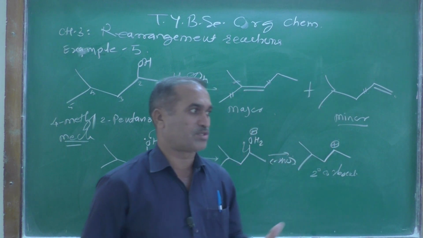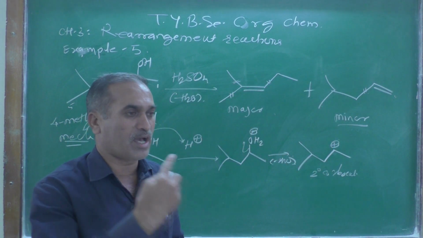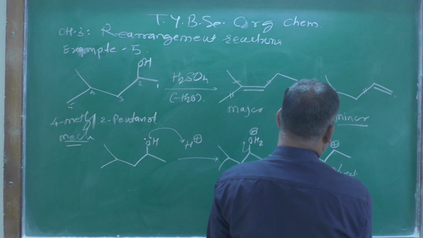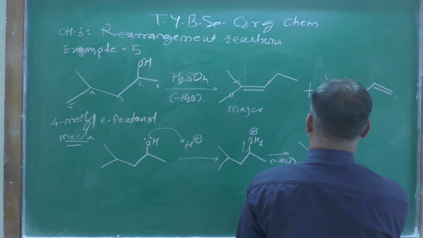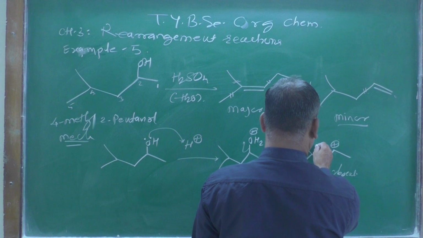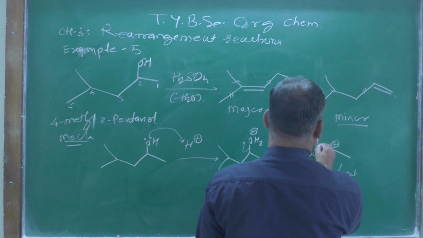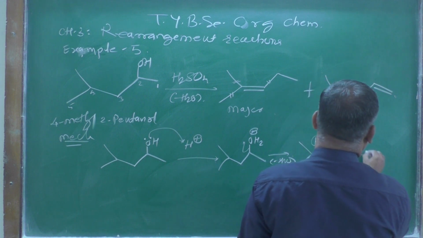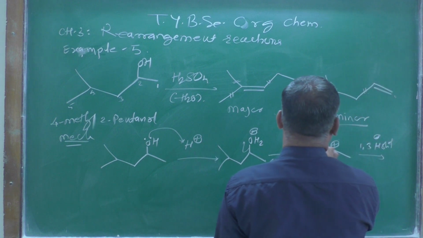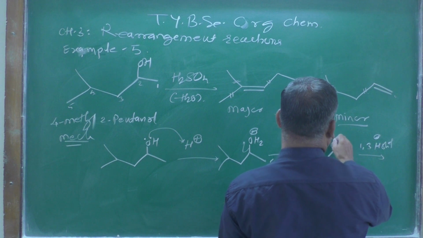Now if the structure permits, it rearranges into a more stable carbocation. Here a 1,3 hydride shift is possible, and this hydrogen atom can shift from here to here.